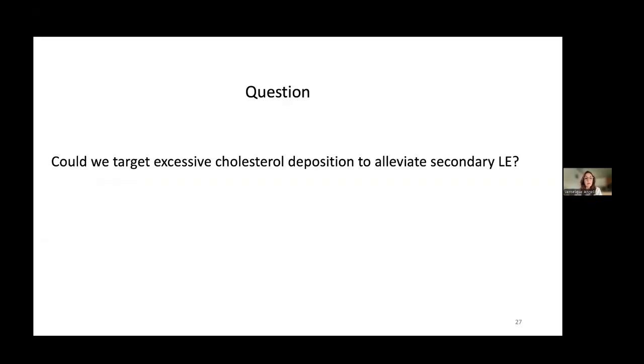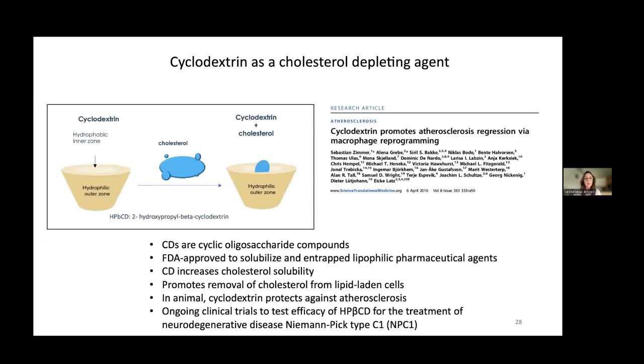So of course, the question was how to target this cholesterol. Is there a way we can remove this cholesterol from the tissue? We focused on a molecule called cyclodextrin. Cyclodextrins are cyclic oligosaccharide compounds, and they've been shown to increase cholesterol solubility.